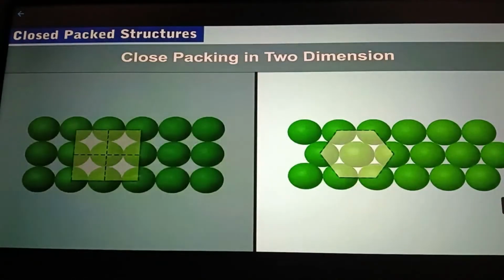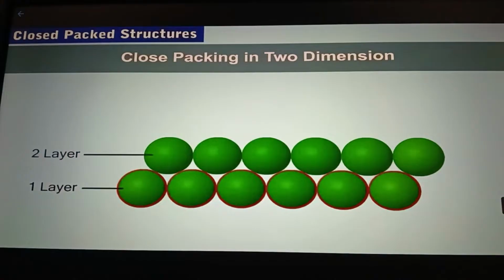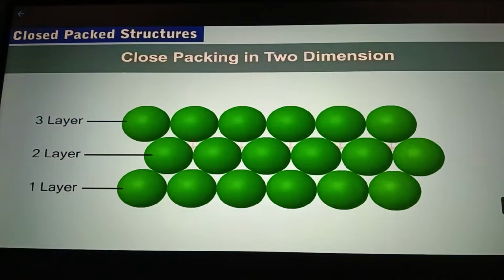The other way is for the spheres of the second row to be seated on the first row in a staggered manner, that is, in the depressions of the first layer. The spheres of the third layer are placed in the depressions of the second layer, and so on. Evidently, the spheres in the third row are vertically aligned with the spheres in the first row.